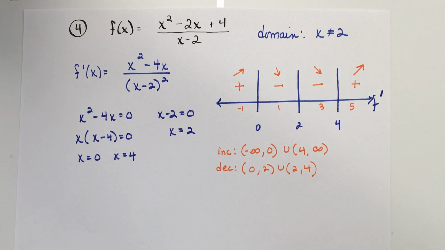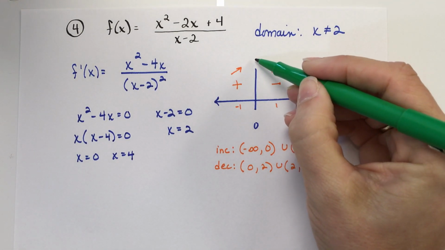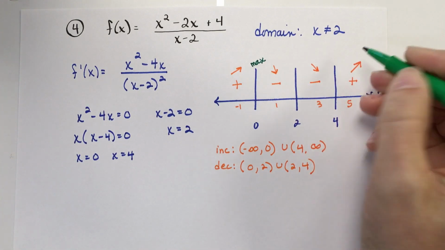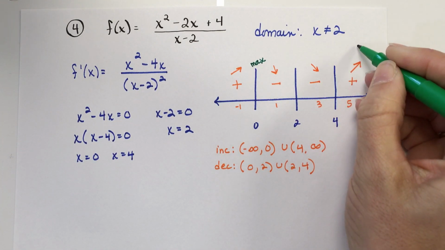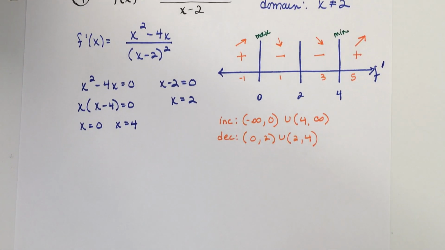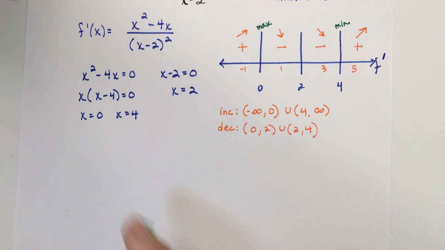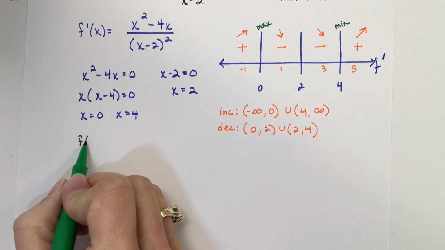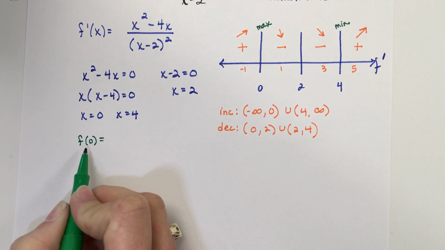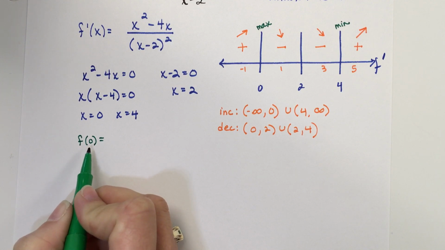All right, also from here is where we can determine our maxes and mins. Here my function's increasing and then decreasing, so this would be a maximum, and decreasing and then increasing is going to give me a minimum. All right, so we need to locate those points. So f of 0, again, these are going to be plugged back into the original function this time.